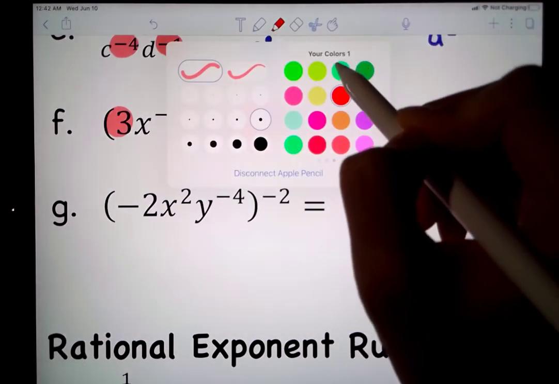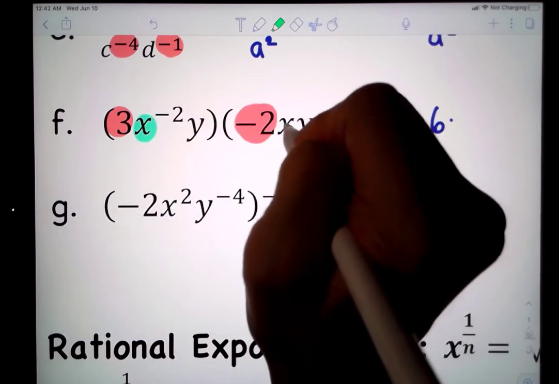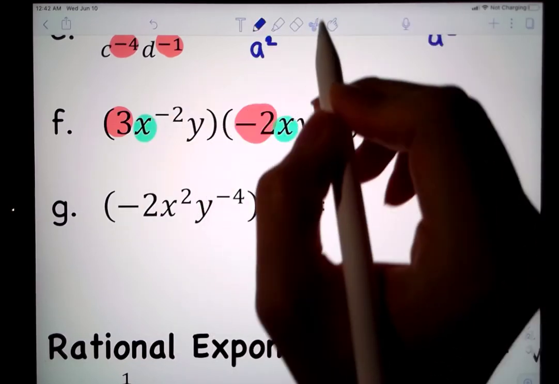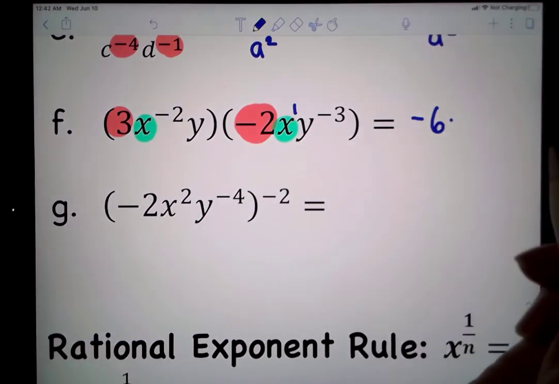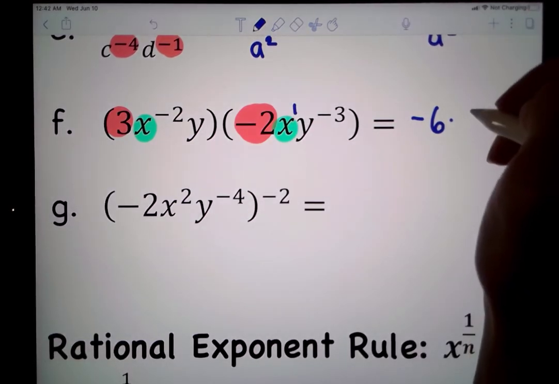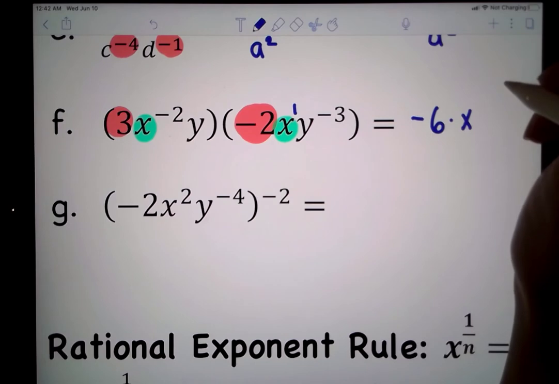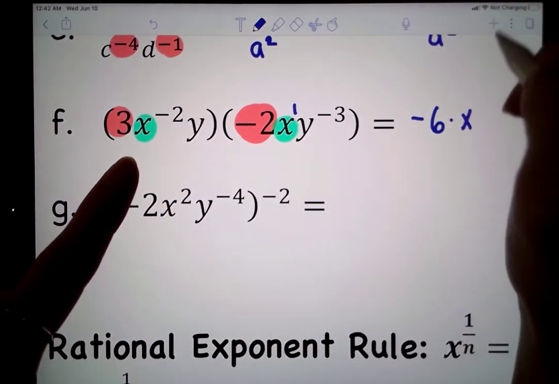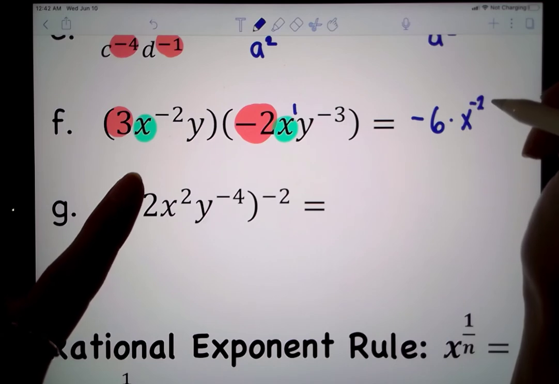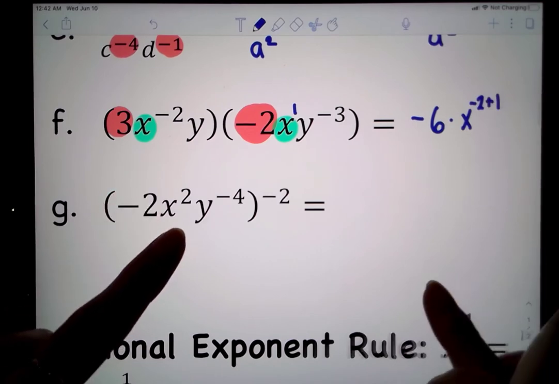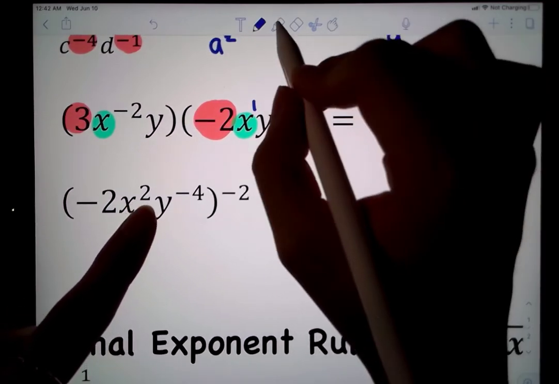So x together, x and x. And you know what? Nothing over here, that means that's 1. And I have x to the negative 2 and a 1. So we add them because that's a product. Negative 2 plus 1, like this. And then your y.